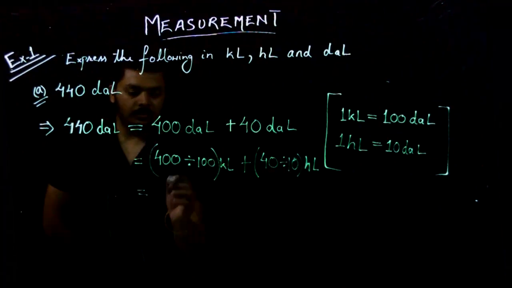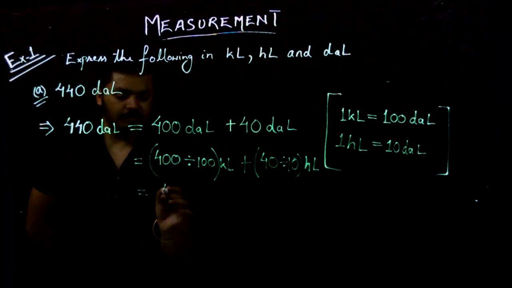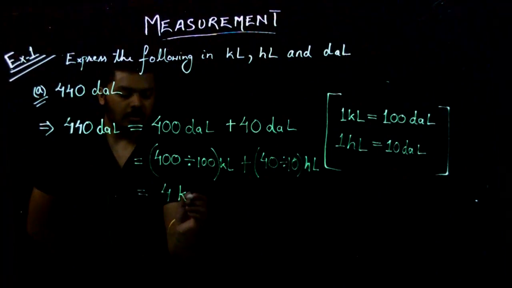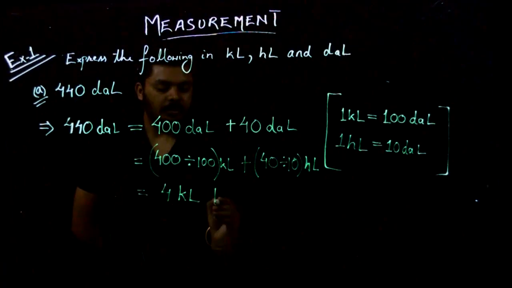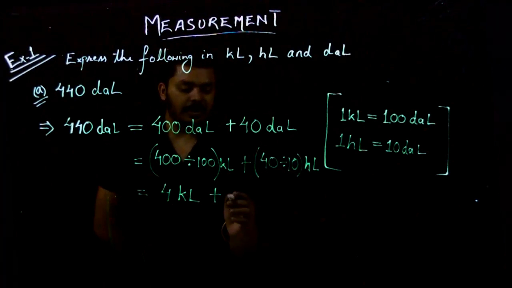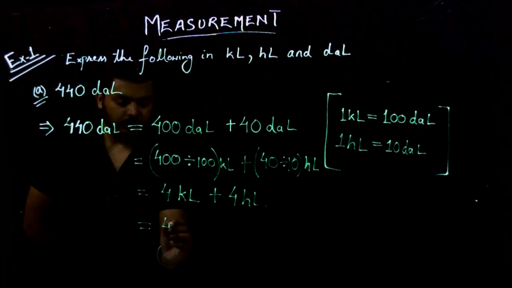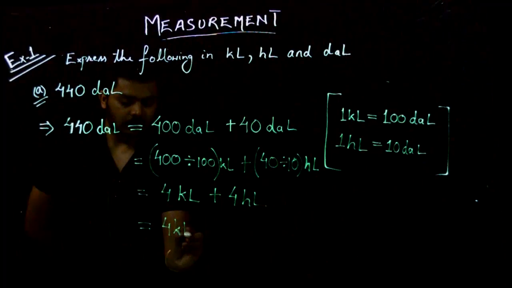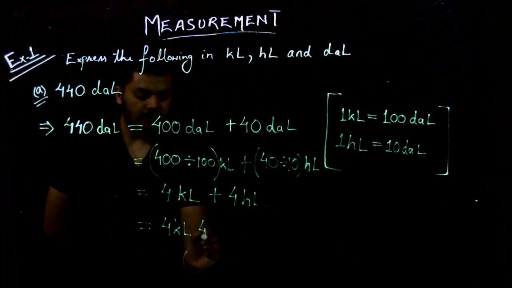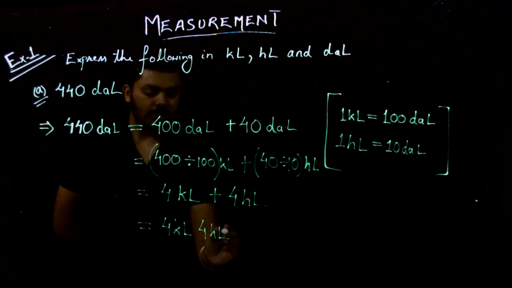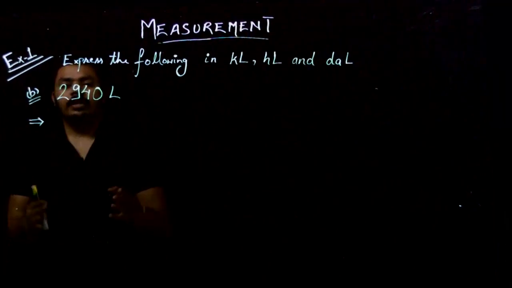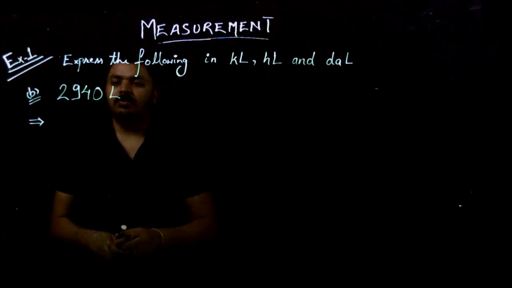So when we divide 400 by 100, we get 4 kiloliters, plus, when we divide 40 by 10, we get 4 hectoliters. So we can say it becomes 4 kiloliters and 4 hectoliters.